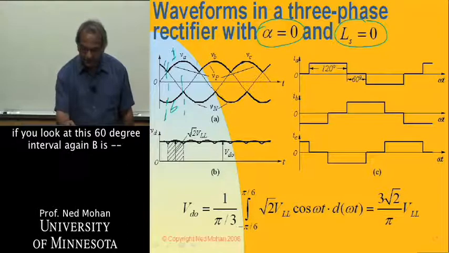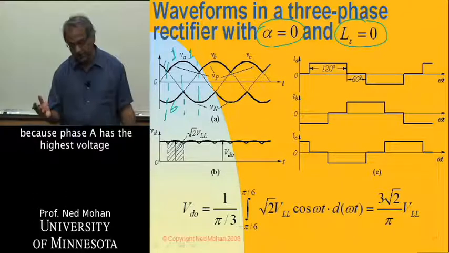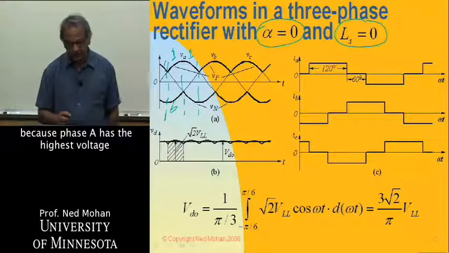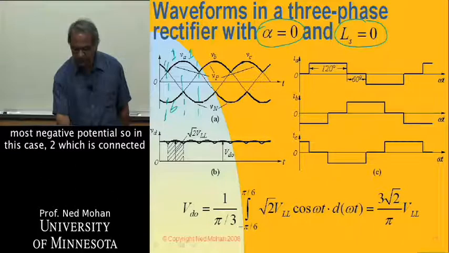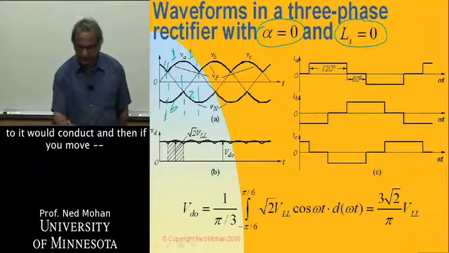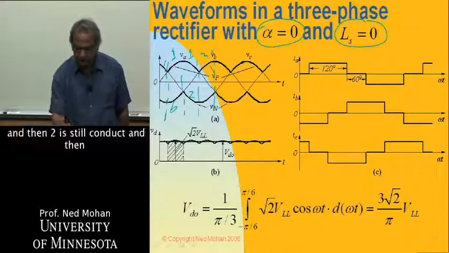Then if you look at this 60-degree interval, again, thyristor 1 is going to keep on conducting because phase A has the highest voltage, but now phase C has the most negative potential. So in this case, 2, which is connected to it, would conduct. And then if you keep going on here, instead of 1, 3 would take over, and 2 is still conducting.